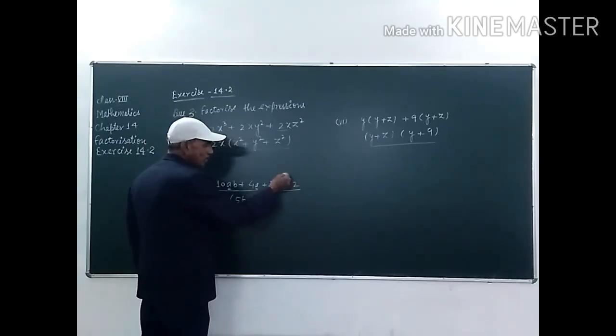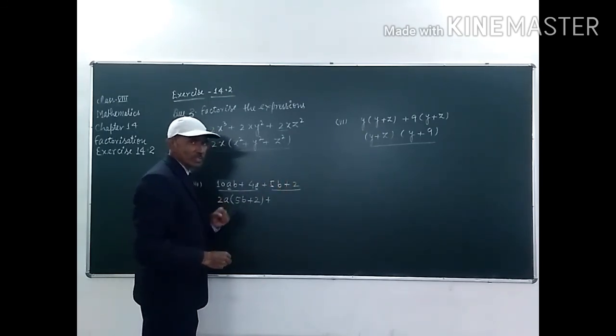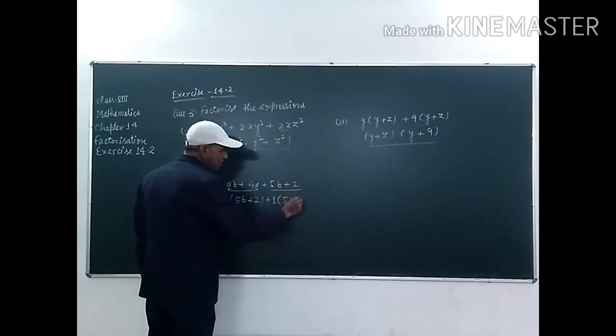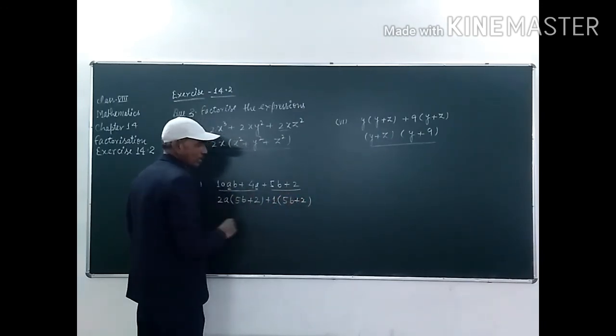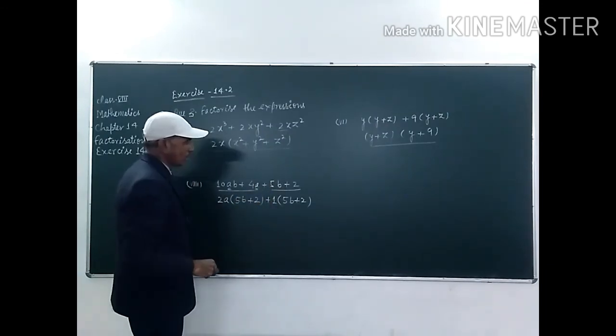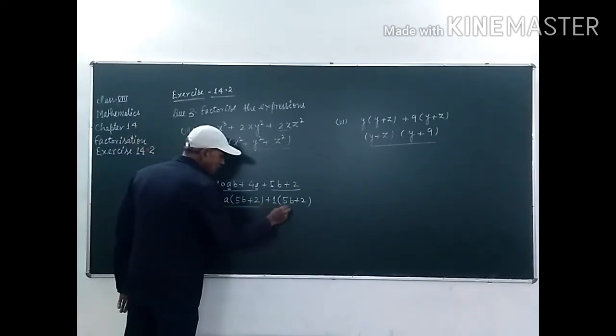If there is no common between these two terms, student, we have to take 1 as common. 1 is common. So it will be 5b plus 2 in the bracket, because we have taken 1 as common. So, students, next, what is common between these two terms?